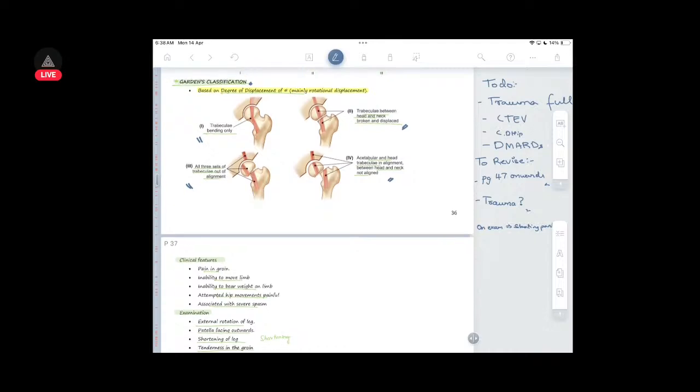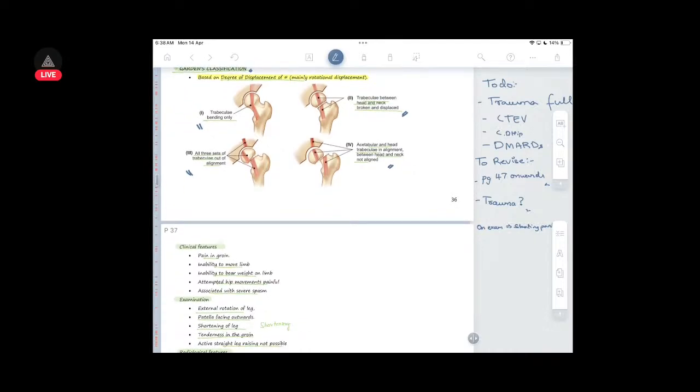If the acetabular and head trabeculae are in alignment, but between the head and neck it is not aligned, so all three is not happening. Here this is happening, but this is not happening. Here there is only bending. Trabeculae will be bent, and trabeculae are broken and displaced.